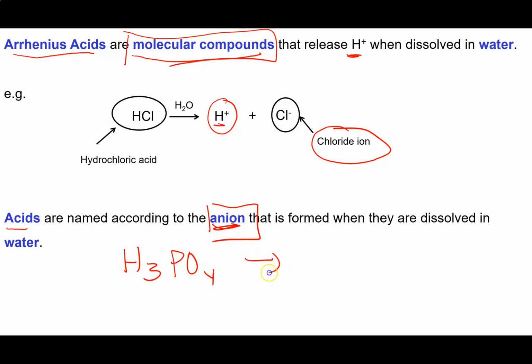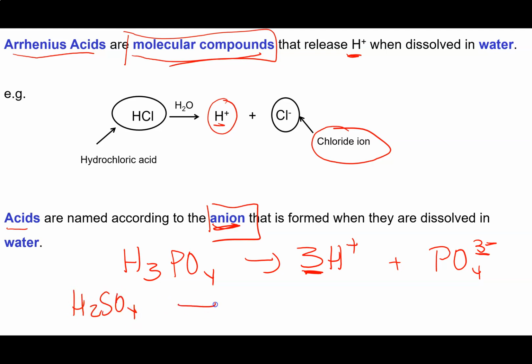So we've got H3PO4. This is going to form 3 H+, and then it'll form 1 PO4 3-. Note that the number of hydrogens is always going to be equal to the size of the negative charge. So if I go to H2SO4, I know that my anion is going to be 2- because I'm going to make 2 hydrogens.